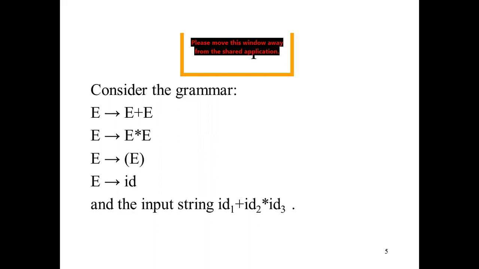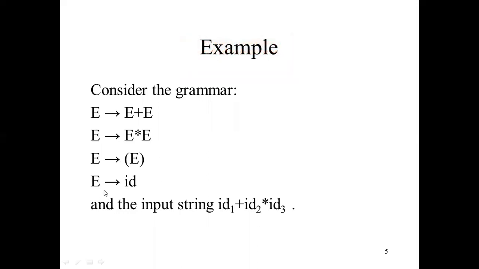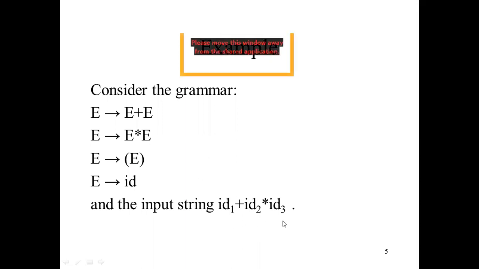So here the grammar is given. E we can replace by E plus E, or E star E, or we can put brackets around E, and the last one is E replaced by identifier id. And this is called the input string, which is already given in the problem.